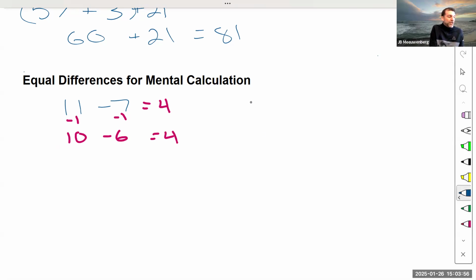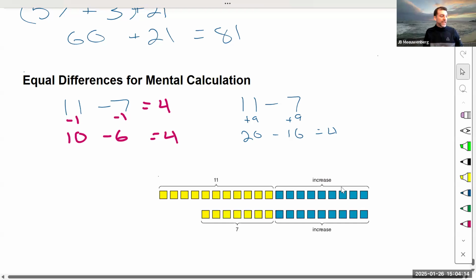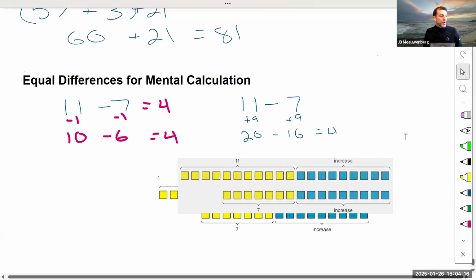You could also, instead of 11 minus 7, say, maybe I always want to go up to the next multiple of 10. So that would be adding 9 to both numbers. 20 minus 16. It's still 4. Here's what that last one would look like if we looked at it as a picture.